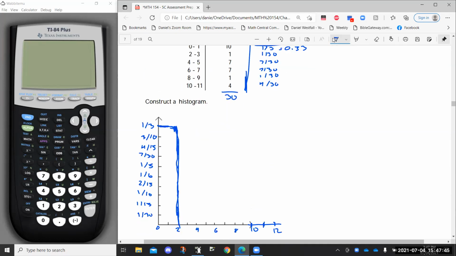Then I've got, for the next bar here, is going to be 1 out of 30. So that's going to come like this. Then I've got 7 out of 30 is here. Again, you're going to talk about these more in class if you have not talked about them yet. Another 7 out of 30.